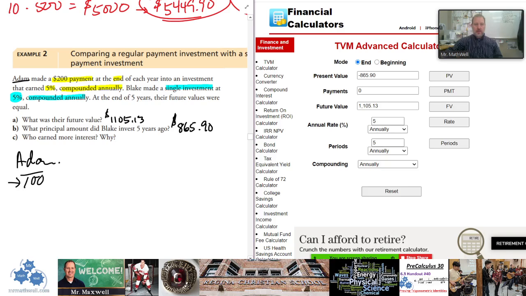So that's $1,000 he put in, and he made 1,105.13. So his interest was 105.13. And Blake over here, his original input was 865.90. Right, that's how much he put in, and his future value was 1,105.13.